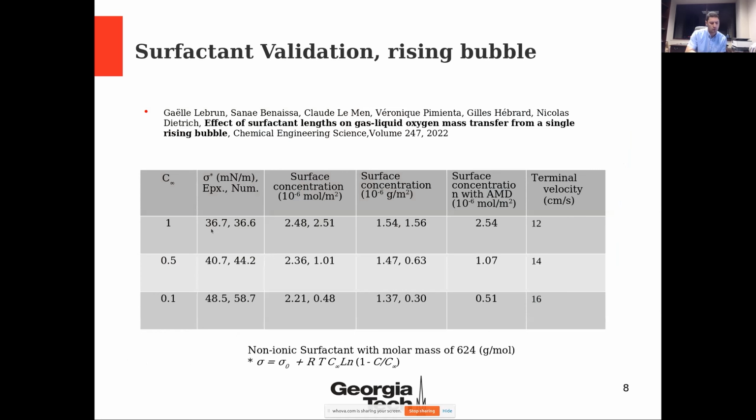For water it should be 70 millinewtons per meter, and here it should be about 36 or something, and that's captured very well. Terminal velocity is captured very well, and the geometric and algebraic VOF correspond very well. But the point is, interIsoFoam is way more expensive: 55 million cells, as you can imagine.